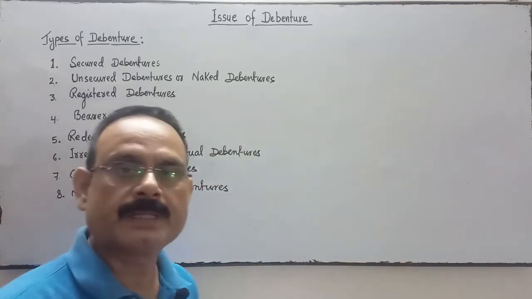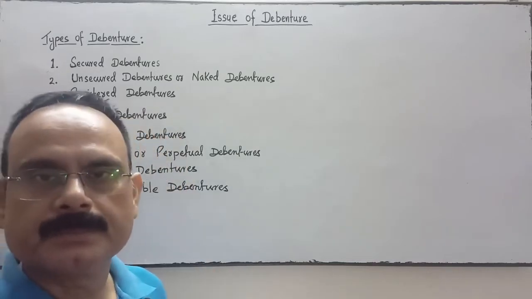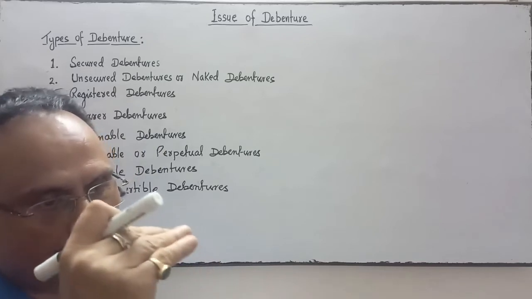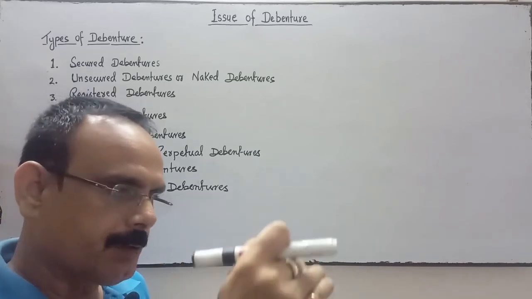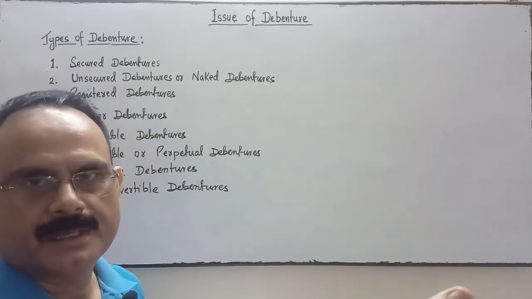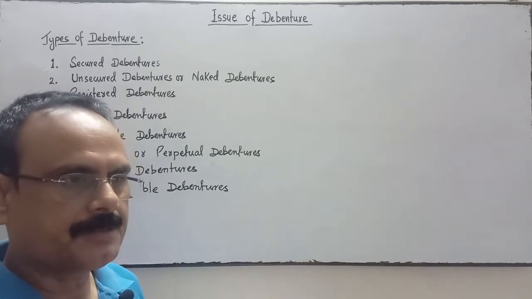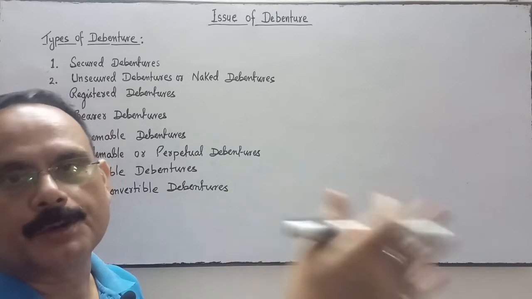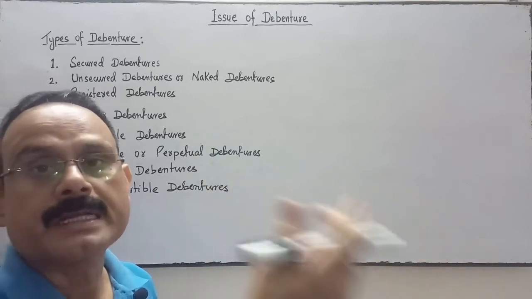When the company is going to wind up or is in liquidation, the company will sell its assets, and from whatever money is realized, the company will repay first the secured debentures, the secured creditors.